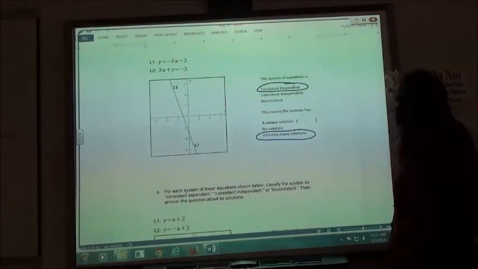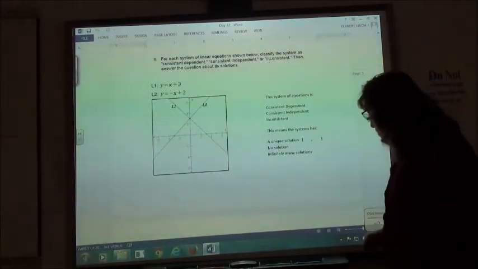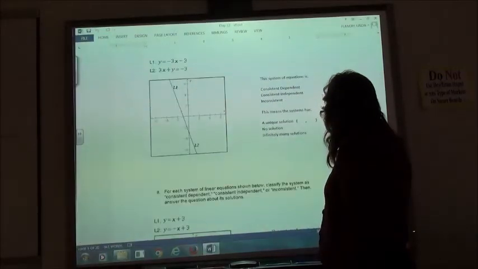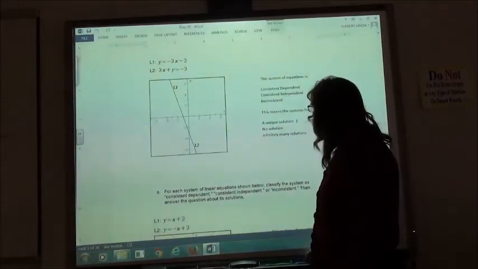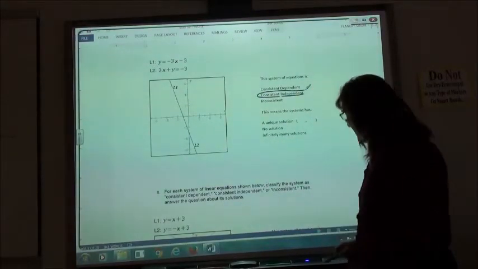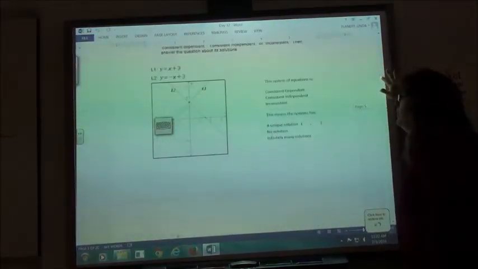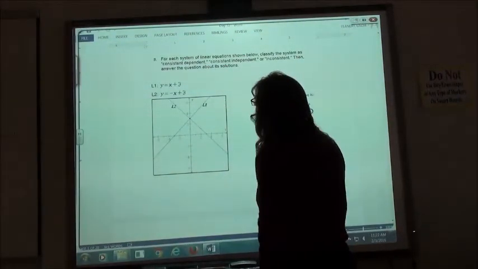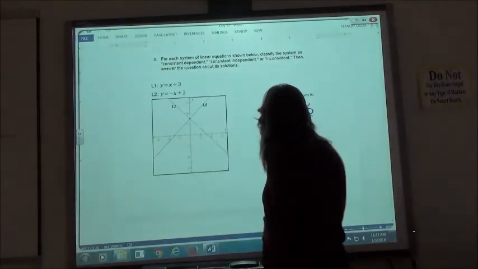So 8 and 9 are going to be the same kind of things. This first one here are the ones where they touch in a point. If they touch in one point, you get consistent independent. They touch in a point, we get consistent independent, and the point where they intersect is your solution, so these ones intersect at 0, 3.